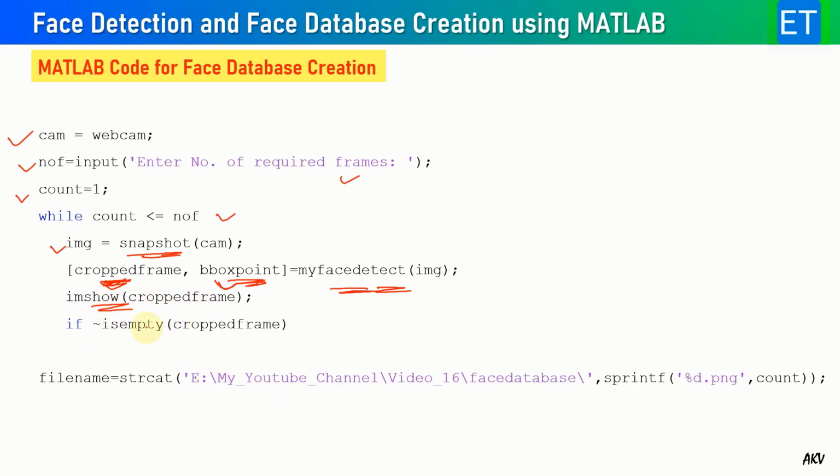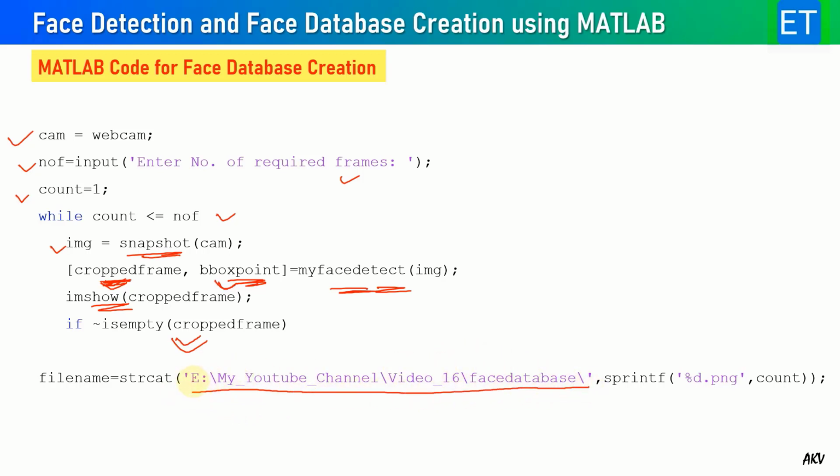At the same time, if the cropped frame is not empty, it means the face is detected and we are getting a cropped frame, then you can store this frame into any of your folders. First I have to give the path of the folder.